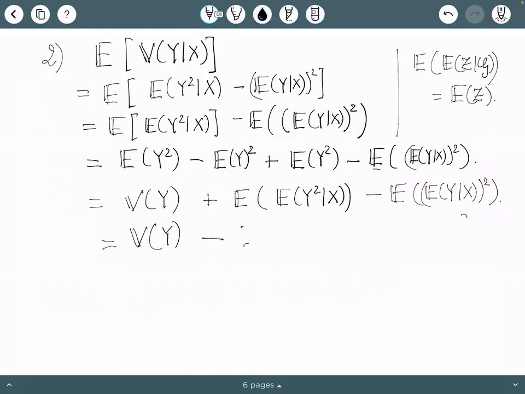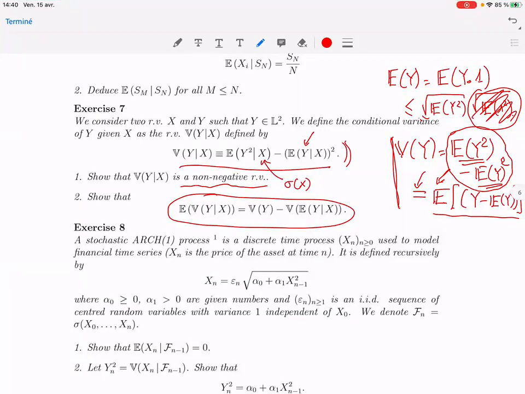So I put the last guy: the expectation of y given x squared. So I want to recreate the expectation of what I want to create, minus the variance of the expectation of y given x.